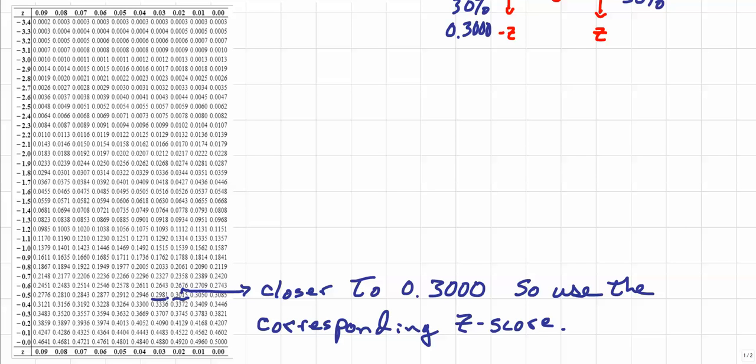The corresponding z-score, we're going to come across here. We're going to have negative 0.5. And then obviously we're going to go straight up here to find the remainder of that, which is going to be 0.02. So z, the z-score, is equal to negative 0.52.